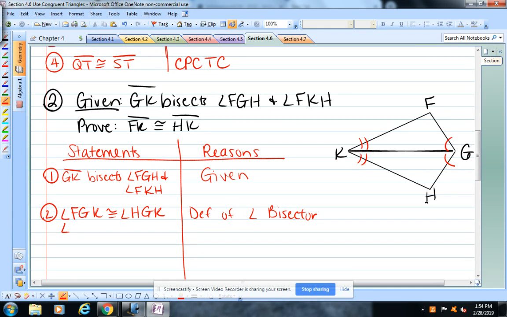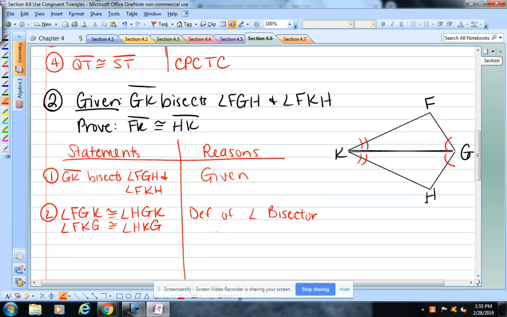If you want to put them in two separate steps, you can. I'm just going to put them on the same step. So angle FKG is congruent to angle HKG. And that's still the definition of an angle bisector. They told me that segment bisected both of those angles. So now I have two pairs of congruent angles.